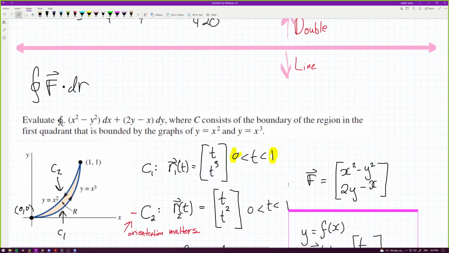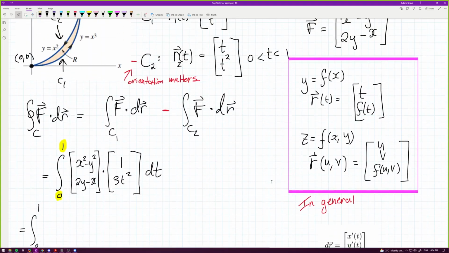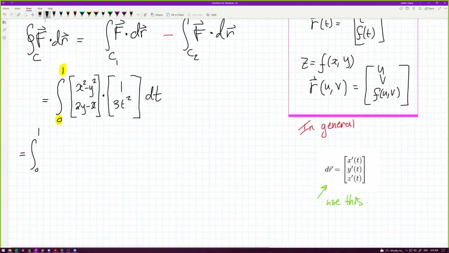You would just get the negative of the answer, because if you said that, then you'd be getting negative on here and positive on here, and that's just negative 1 times the answer. So it is important that it has to be counterclockwise, because all these theorems rely on the fact that it's a counterclockwise parameterization around the curve. So yeah, that's important.